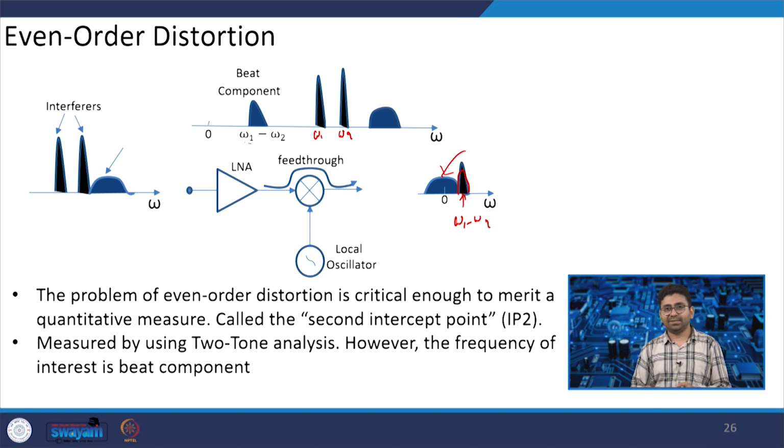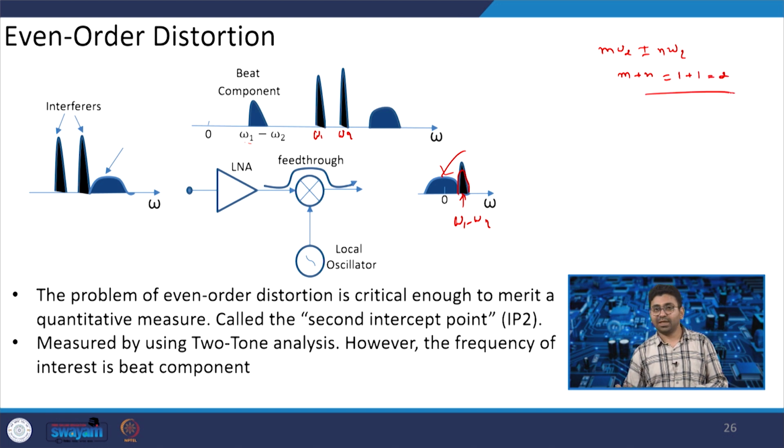When we discussed the non-linearity, I already told you that if the product is m omega 1 plus or minus n omega 2, and if we want to know whether it is first order, second order, or third order, we should write m plus n. So, here m plus n is 1 plus 1, which is equal to 2. That is why this is a second order non-linearity.